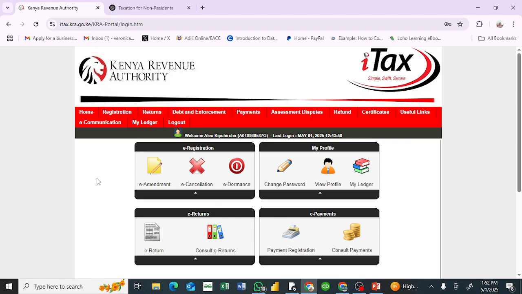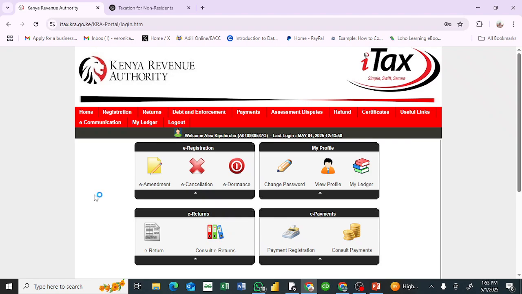You can use the Excel option, or you can use the pre-populated ITR option. So today, we discuss how to file using the ITR option. In my next video, we will discuss how to file using the Excel option.